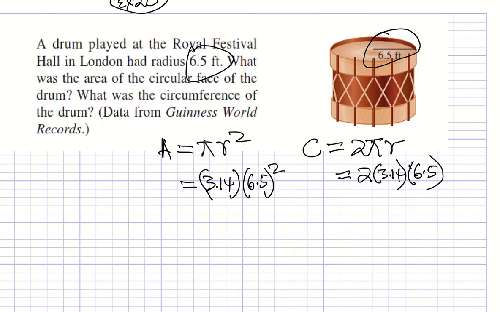Like I said, they will give you a calculator, but if they won't, you just use the long multiplication we did before to get the solution. So this will give you 132.67 feet squared.